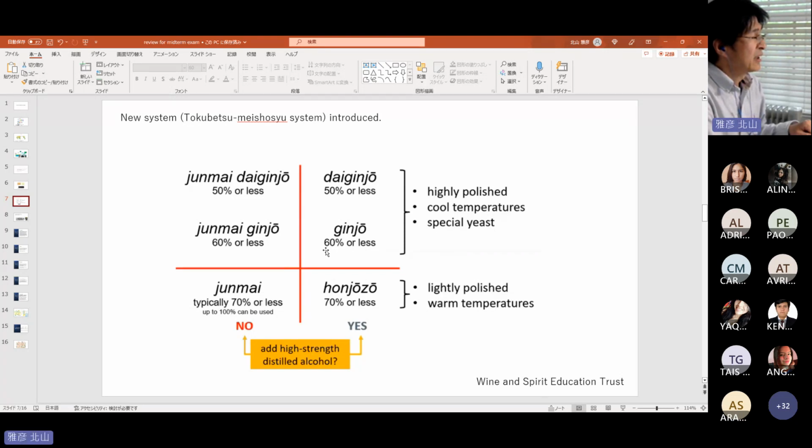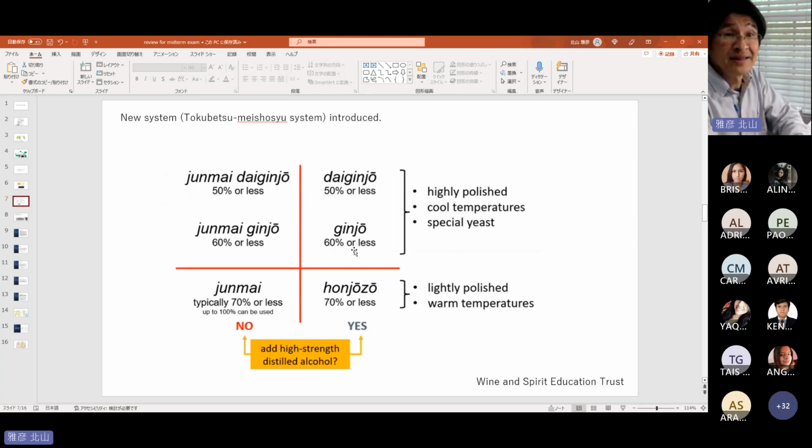And for sake made with rice at a polishing rate of 60%, we cannot use the word dai ginjo. Dai means large, big: great ginjo. And ginjo, just simply ginjo.